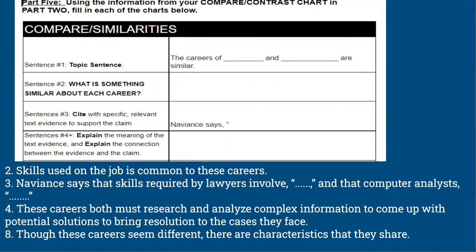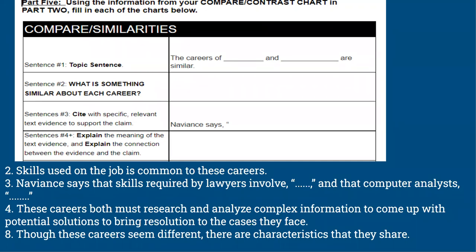Naviance says that skills required by lawyers involve blank and that computer analysts blank. These careers both must research and analyze complex information to come up with potential solutions to bring resolution to the cases they face. So in sentence number 4, I'm explaining the connection between what Naviance says back to what I wrote in sentence 2, which is back to the claim overall.